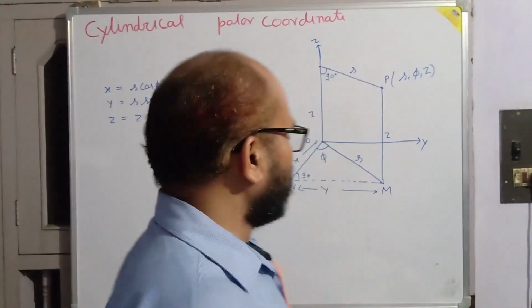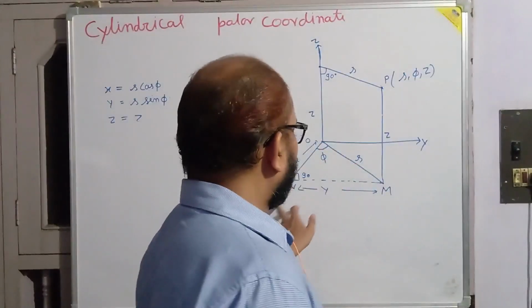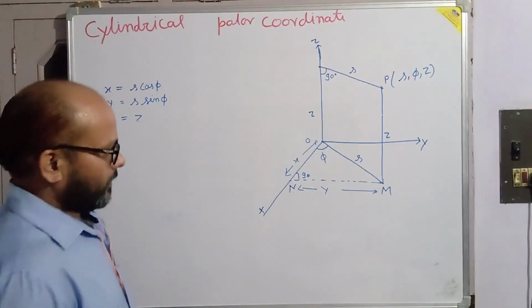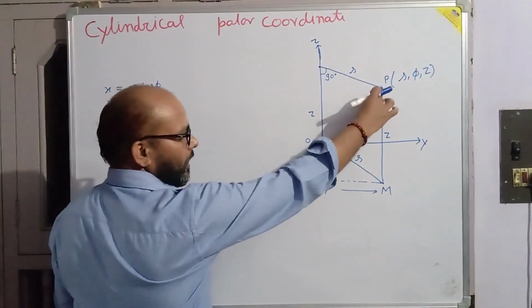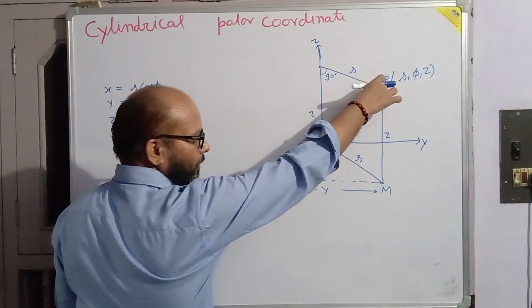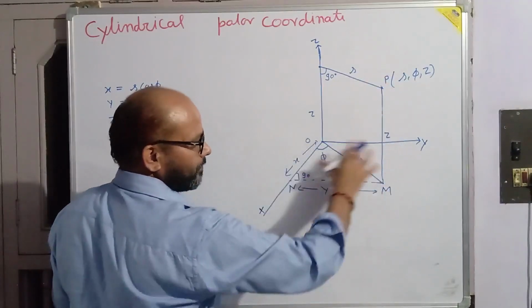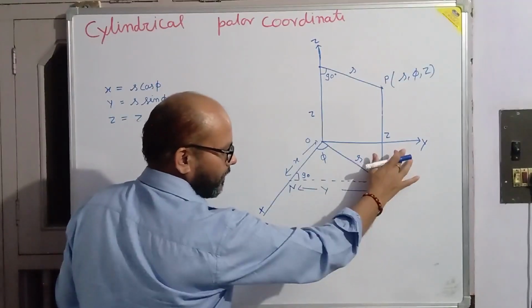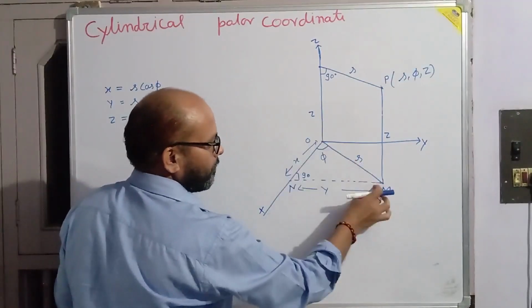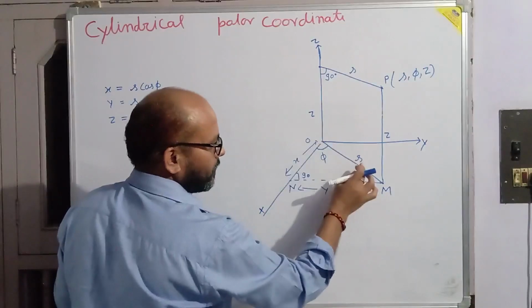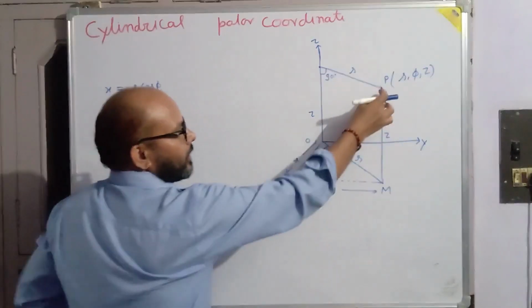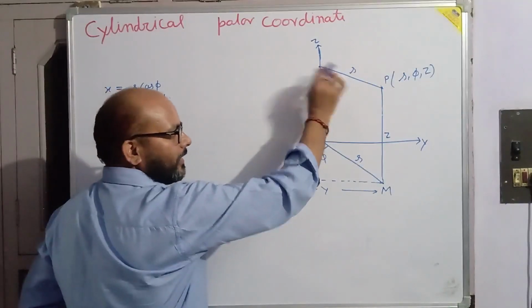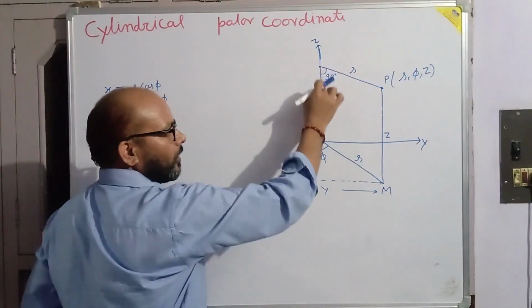So look at the figure. Here OX, OY and OZ are three mutually perpendicular axes and P is the point, and this point is drawn perpendicular to the XY plane at the midpoint M. The distance from M to the origin is known as S, and this point is perpendicular on the Z axis. This is 90 degrees because this line is perpendicular to the Z axis.